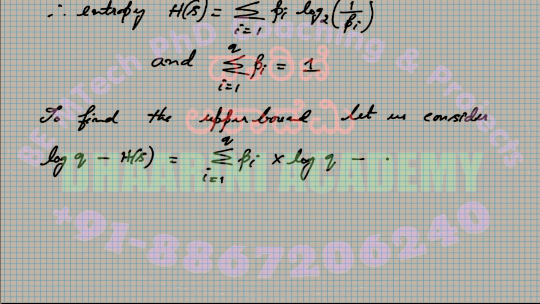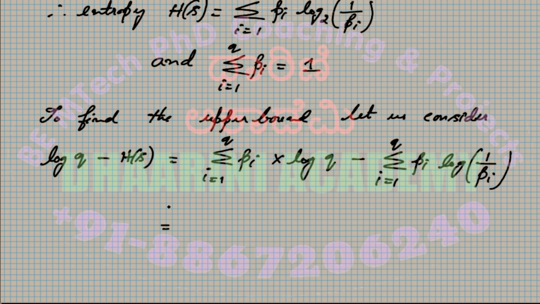Minus H of S. Write the equation for H of S, that is i is equal to 1 to Q of Pi into log of 1 by Pi. It is very straightforward. I purposefully put that summation i is 1 to Q in the first term, so that summation is common.